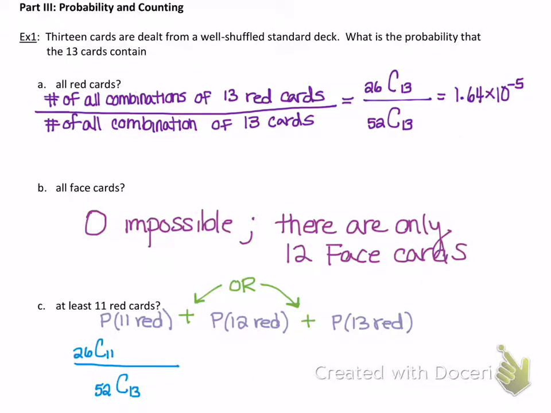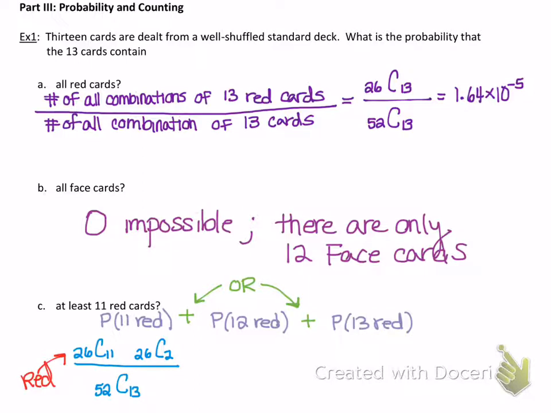Well, that's only 11 cards. So this represents all the red cards, but we're not done. I want 13, and I only chose 11, so I have 2 more that I could choose from. So I'm also going to have 26 black cards and choose 2.